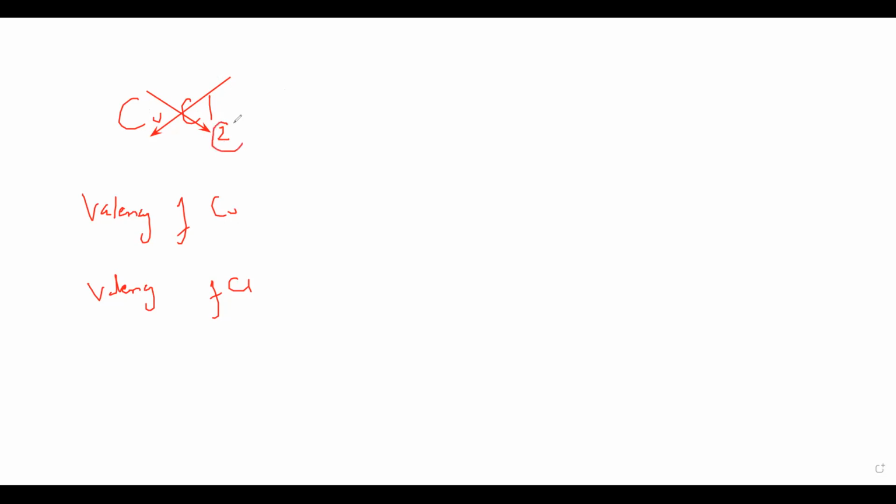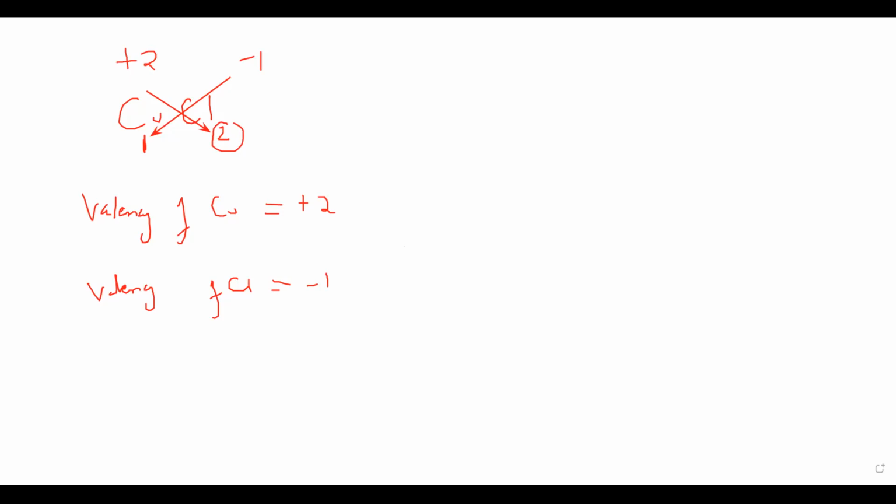This 2 is actually the valency of copper. And here nothing is written, it means it is 1. So minus 1 will be the valency of chlorine. Is it clear? So it can be reversed. They can also give you the formula and ask for the valency of that element. Is it clear?